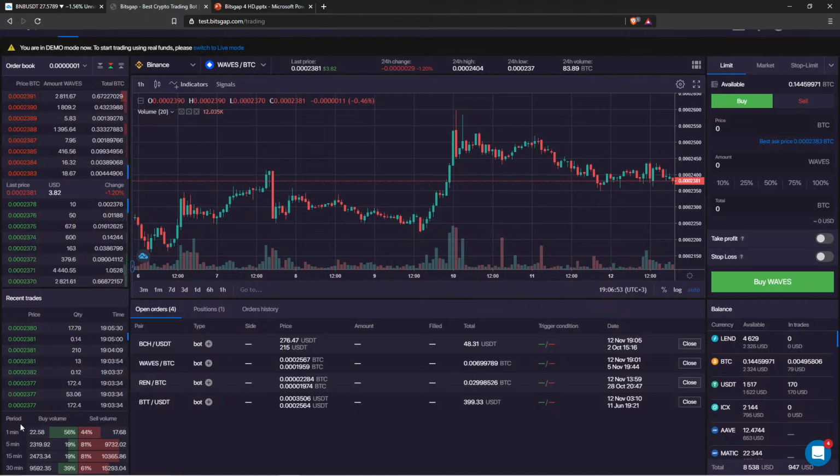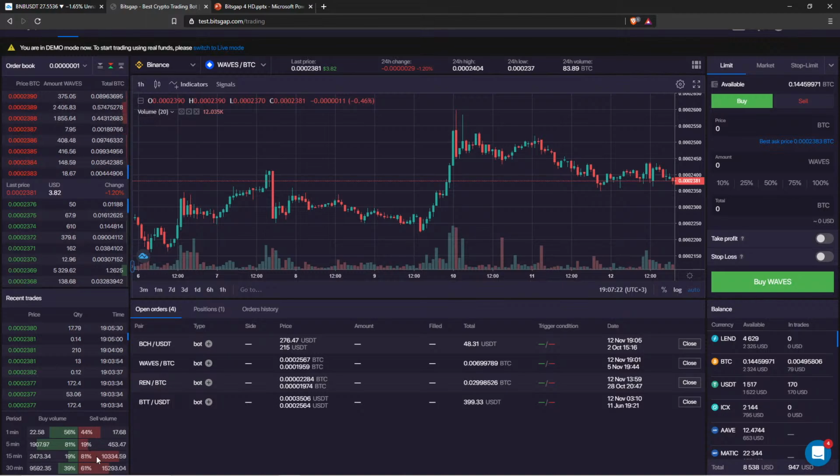And at the very bottom, you have what I call the buying and selling pressure indicator, which shows you the buying power throughout the last 1, 5, 15 and 30 minutes, as well as the selling pressure on the market during this period of time.